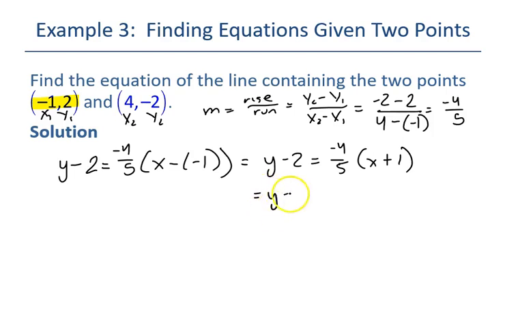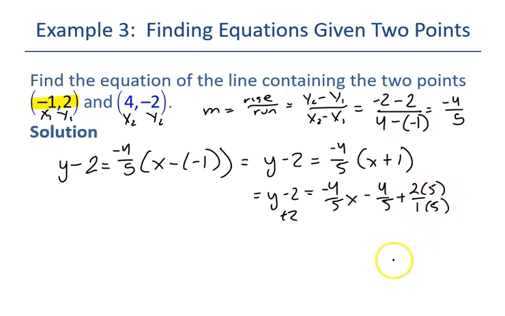And we're going to have y minus 2 equals -4/5 x. Well, that's just going to be multiply everything by 1. And notice I've got a negative here. So it's going to be minus 4/5. Okay, let's go ahead and add this 2 to the other side. We're going to take this 2, add it to both sides. Okay, well, that's going to be a 2 over 1, but notice I'm going to have to multiply this guy by 5, because I want to have common denominators here.